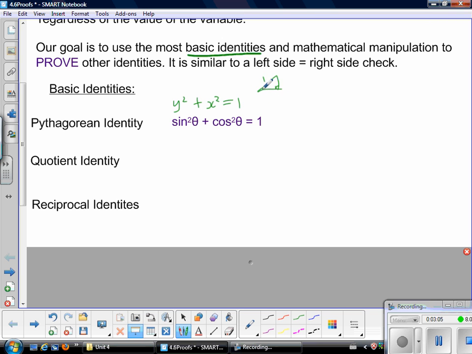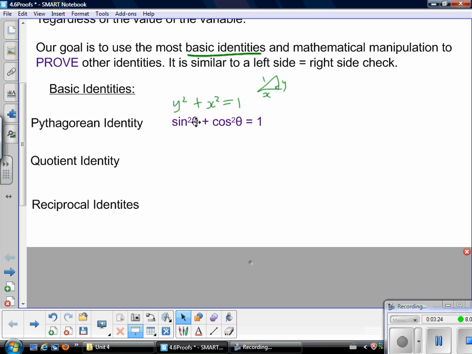And we discovered that we have an x value and a y value. Now, using Pythagorean theorem, that's where we get 1 squared equals the x squared plus the y squared. And because we know x and y stand for cos and sine, that's where the Pythagorean identity comes from.